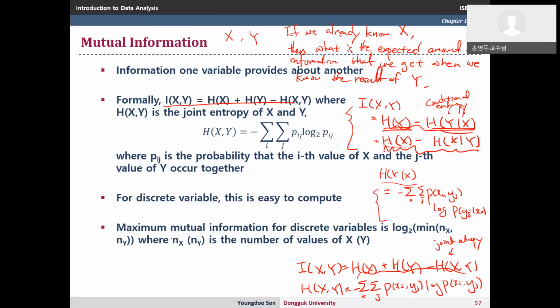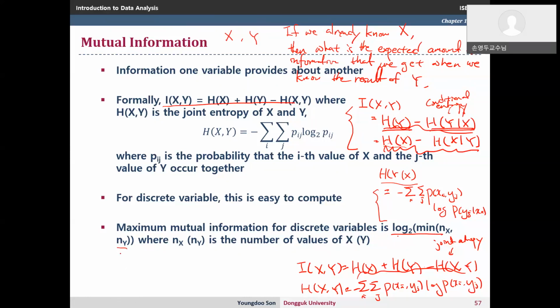The minimum value of this mutual information is 0 when x and y are independent. However, the maximum value of this mutual information is log 2 of the minimum of nx or ny.